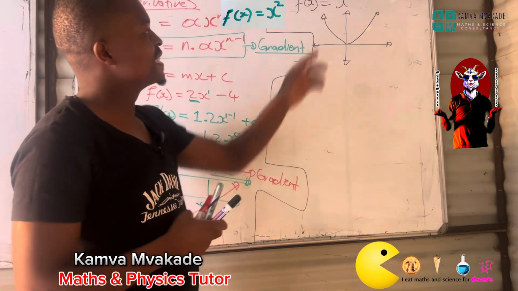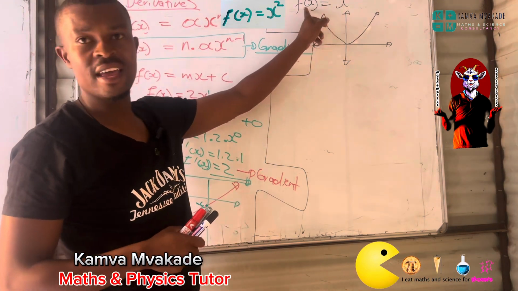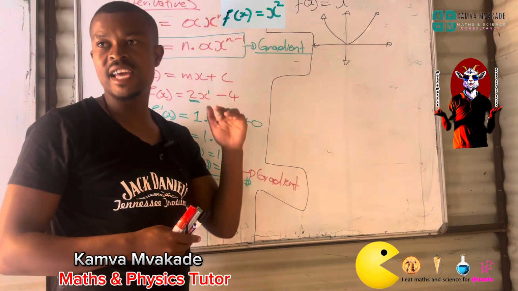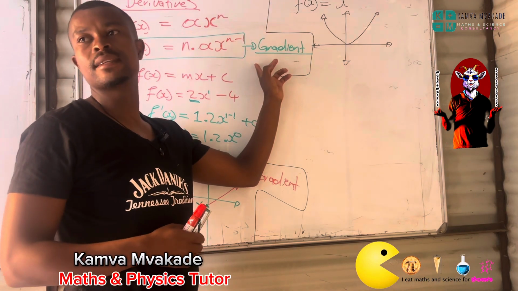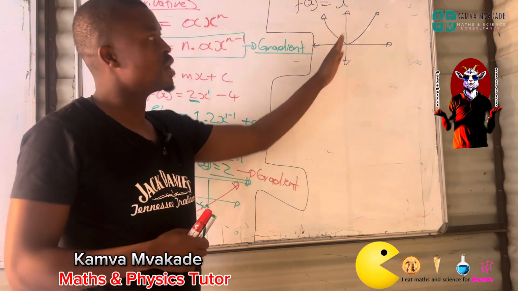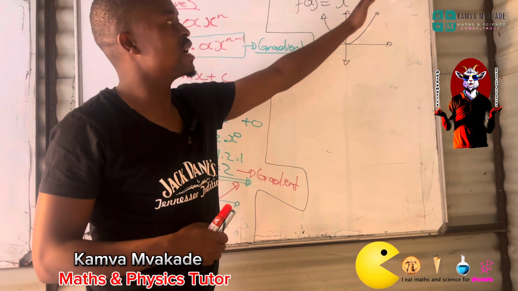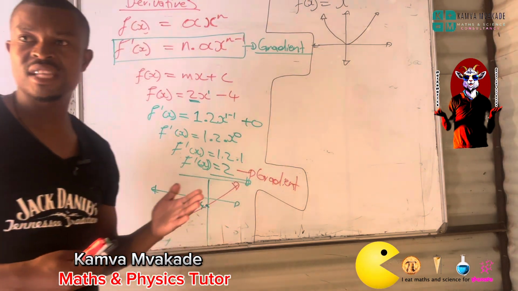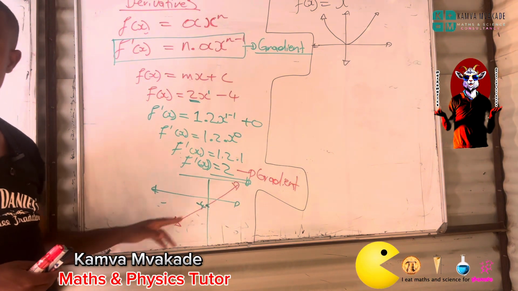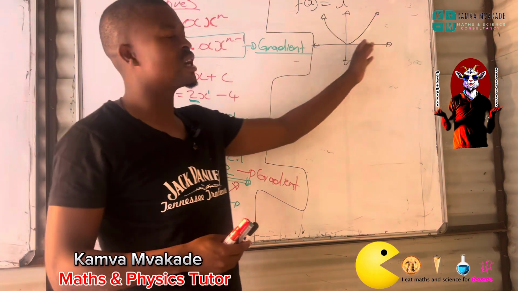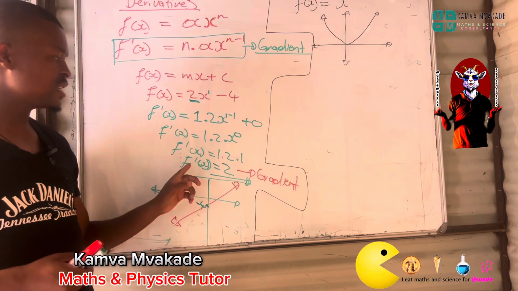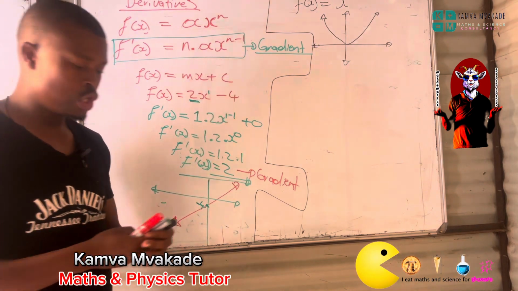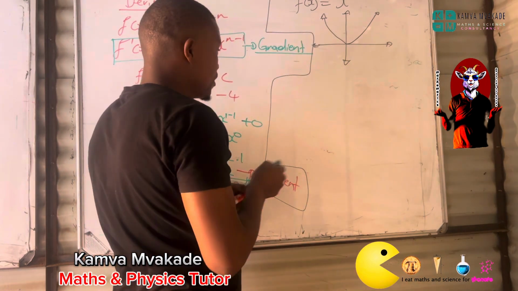If we find the derivative, it will give us the gradient. But because this one is a curve, a parabola, the gradient is not a constant. So we are not expecting to find f prime of x equal to a constant like 2.